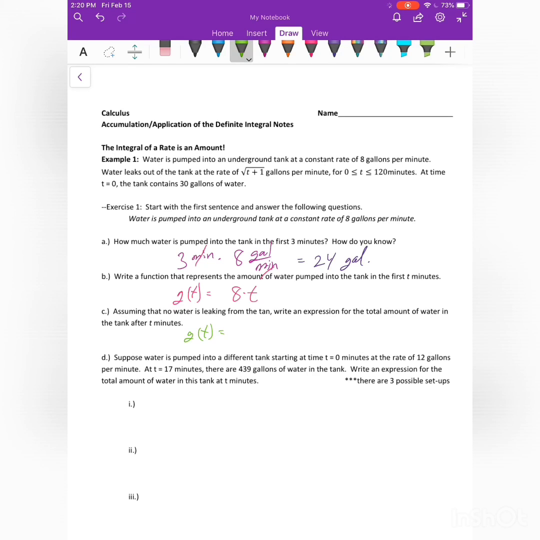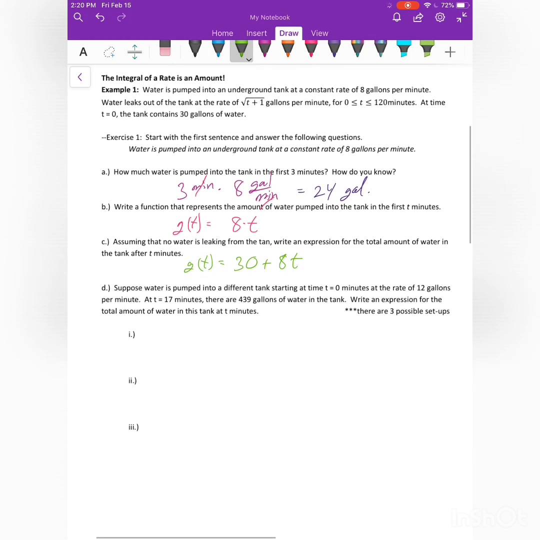So in this case, we have 30 gallons to start plus the amount that came in at any time, which we don't know. The rate in was 8 gallons per minute. We actually have to take into consideration the initial value, and that part is the part we forget, and that's a big part of the AP test.